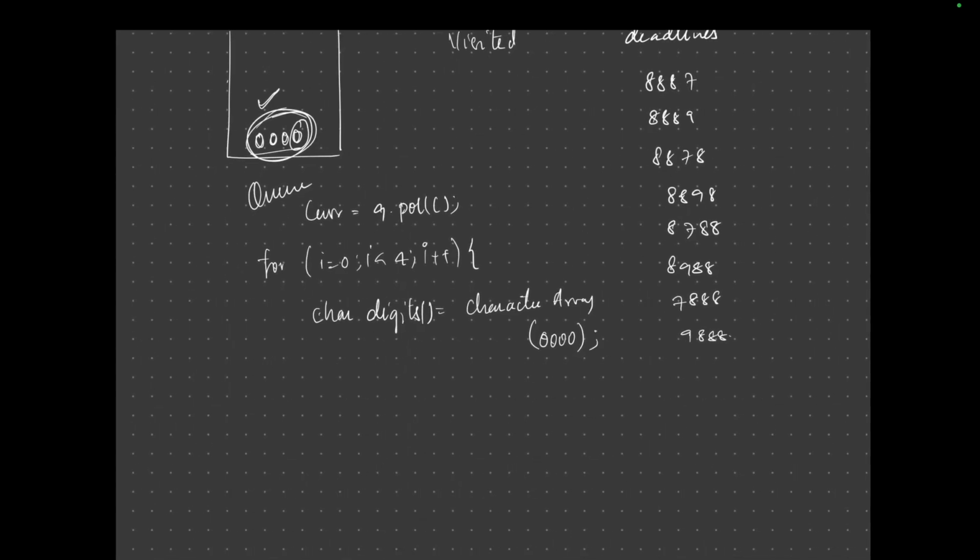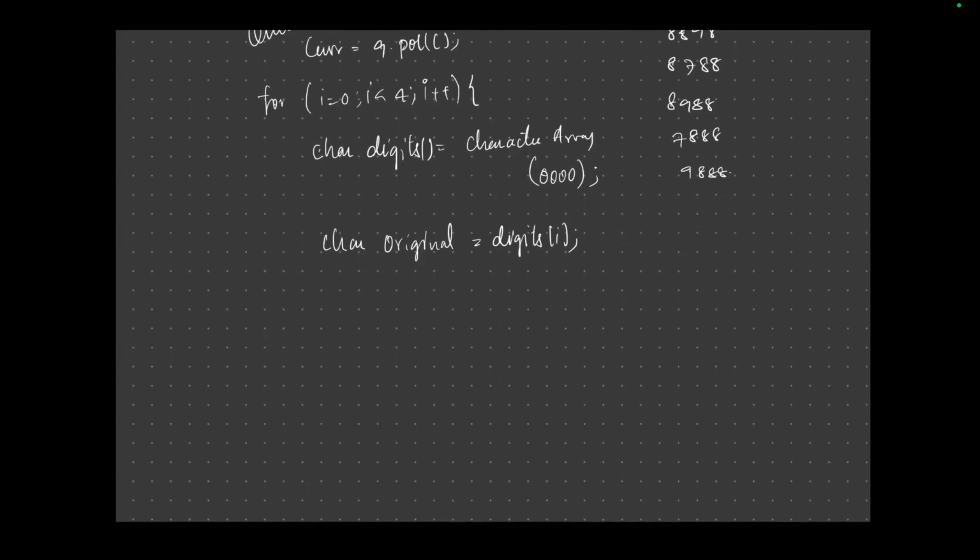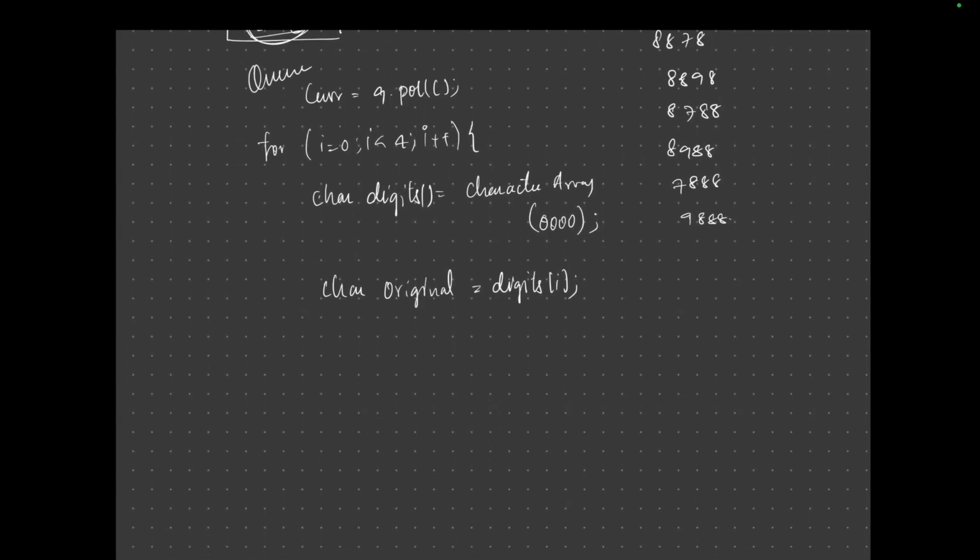Okay, so I've taken this digits array and I'll store the original digit, right? Mind you, this original digit should be restored after you make changes, because this particular digit has already been visited, right? So I'll store this character original, which is digits of i. Now I'll perform operations. As we earlier discussed, we can turn it clockwise or anti-clockwise, right?